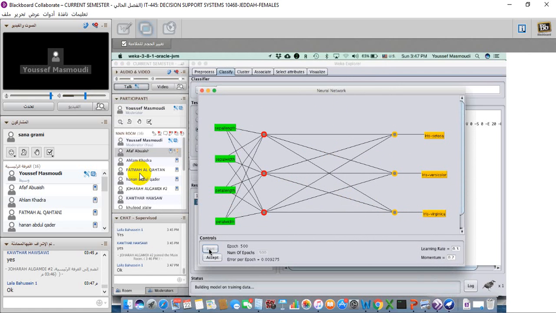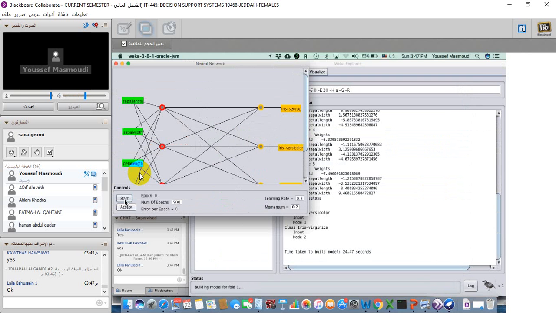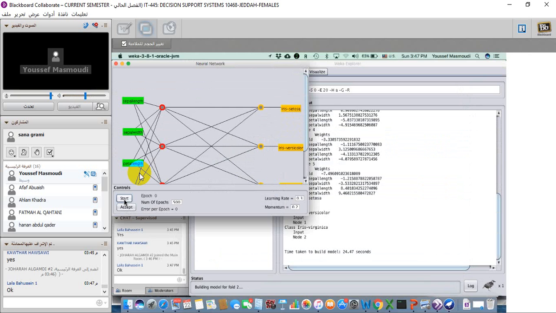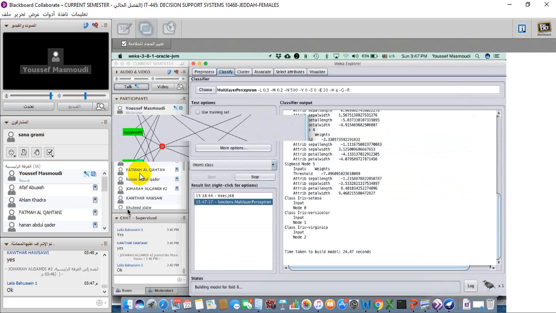I will click on start, accept, start, accept. The process will be repeated 10 times: start, accept, start, accept, start, accept, because we have 10 cross validation.